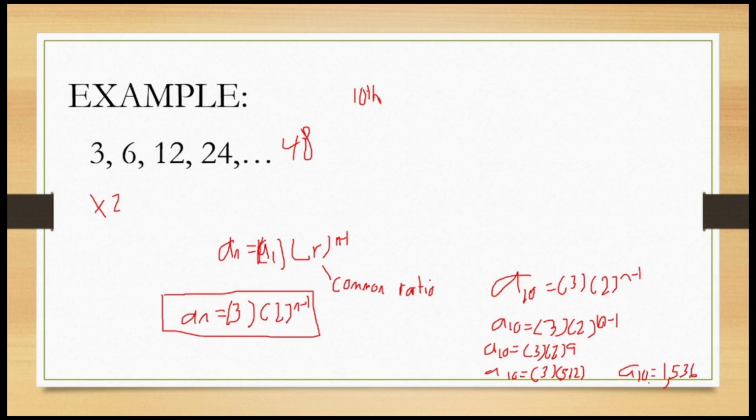So the 10th term for this sequence is 1536, and that's it for geometric.